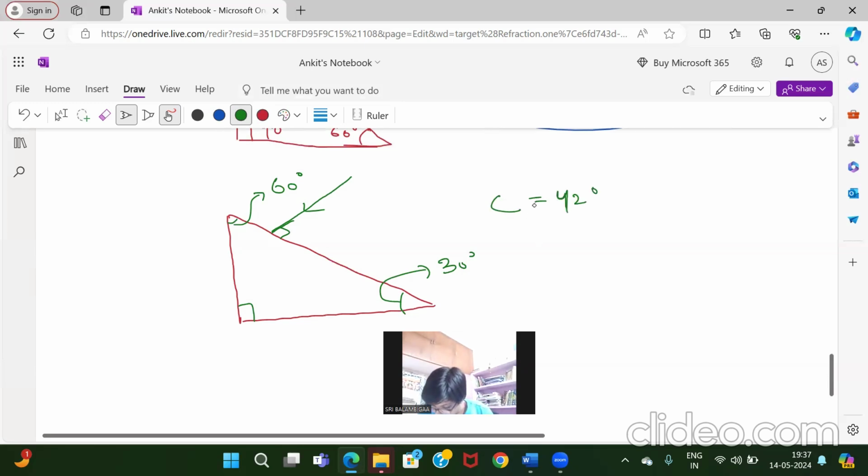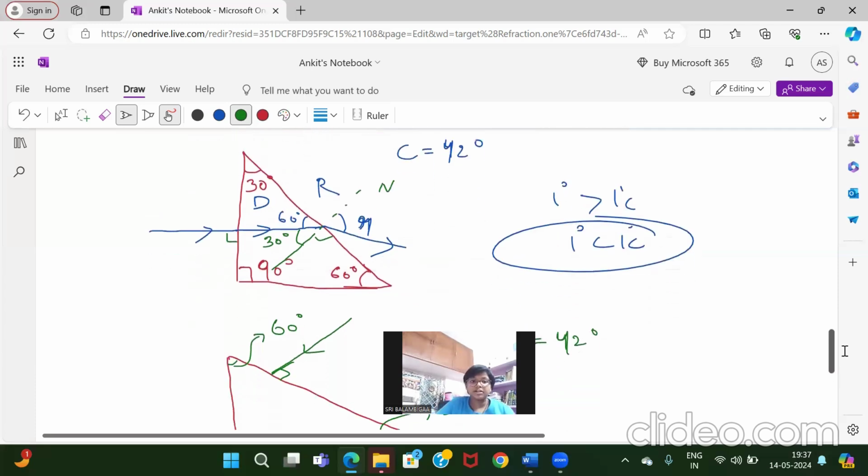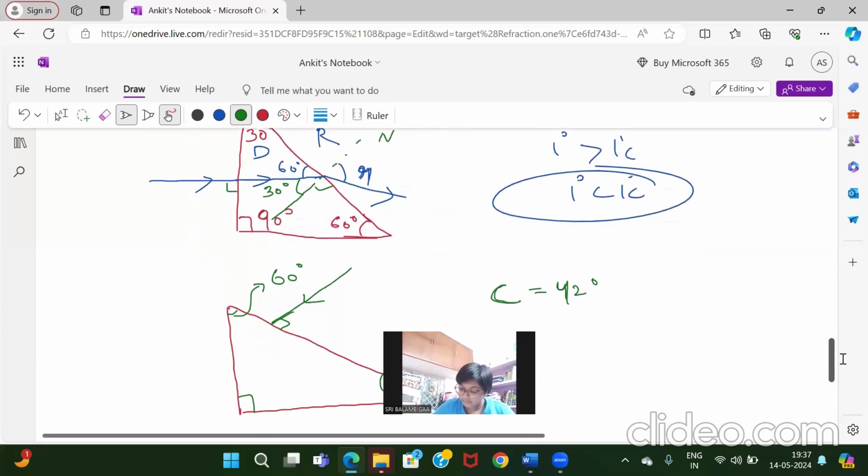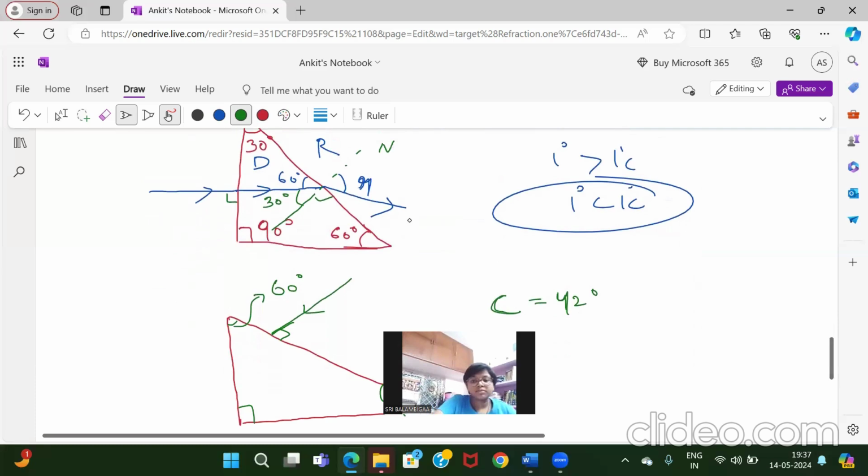Clear? Sir, in the previous question, r will be inverse sine of 1.5, sir. Because mu is not given, I just gave 1.5. Yes, sir. Okay, very nice. You can solve it like mu into sine 30 equals 1 into sine r.